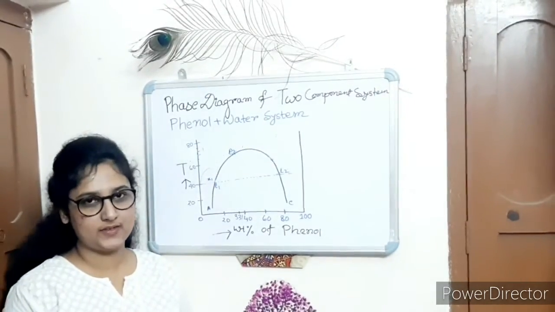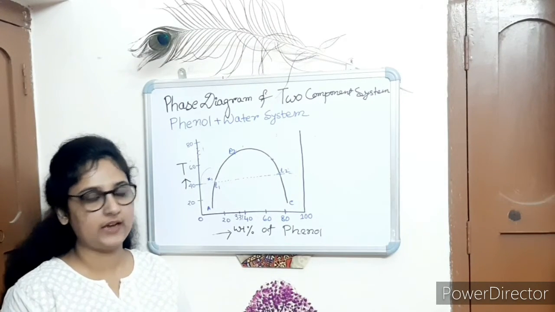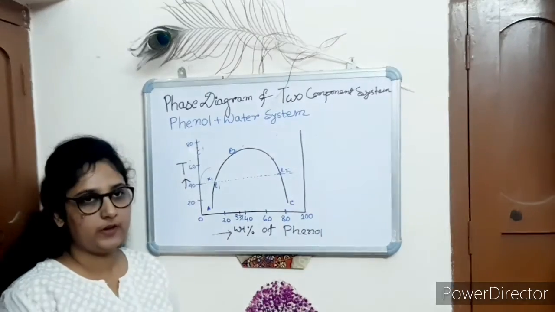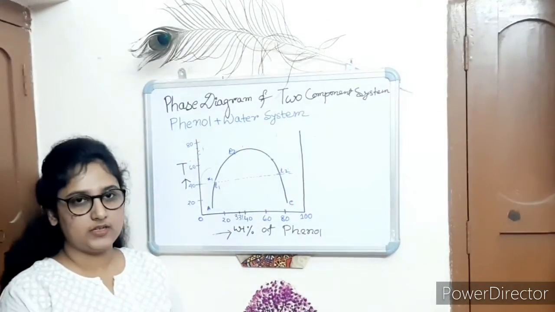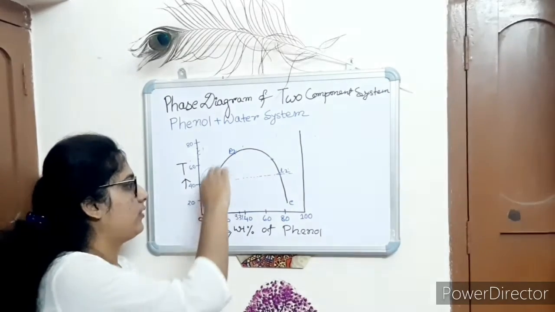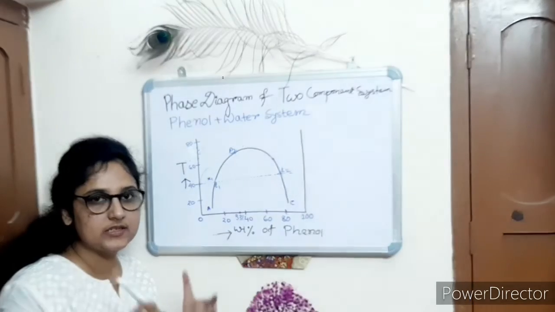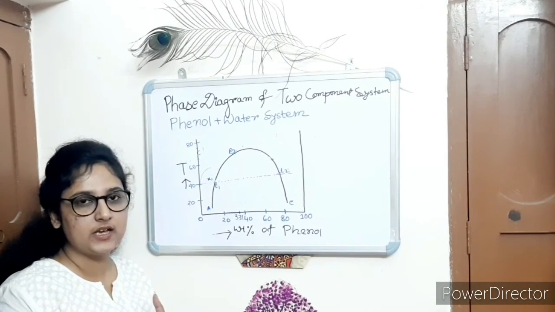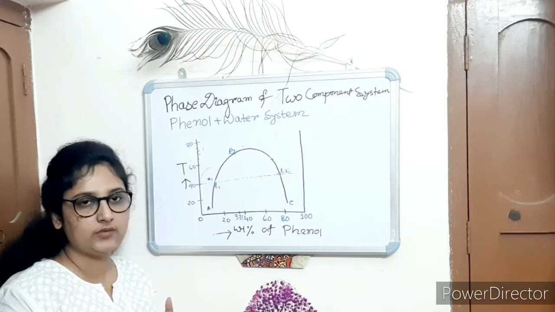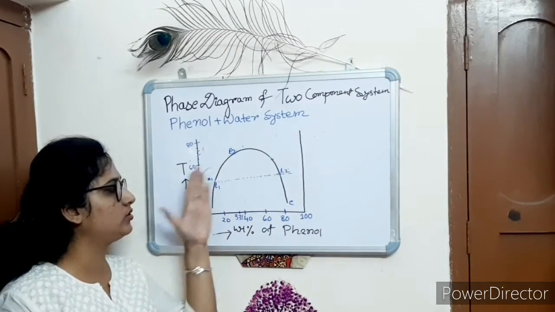Now, another interesting thing is that from the very beginning of this video I have been saying that this left portion is the phenol water rich portion and this right portion is the phenol rich portion. The importance of this line is that it is the coexistence line of the homogeneous and heterogeneous phase. So here is the homogeneous solution.